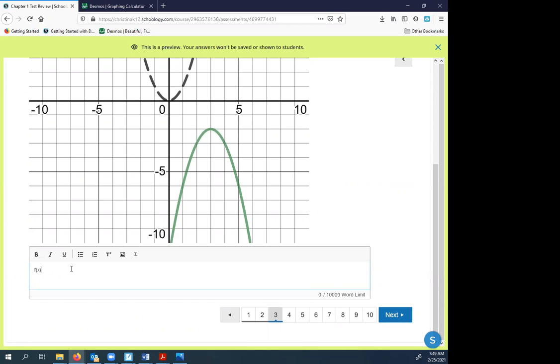F of x is equal to negative x minus 3 squared. I could put it with the little caret, but I'm going to use a little superscript here to make it look a little neater. Minus 2. Let's confirm that on Desmos.